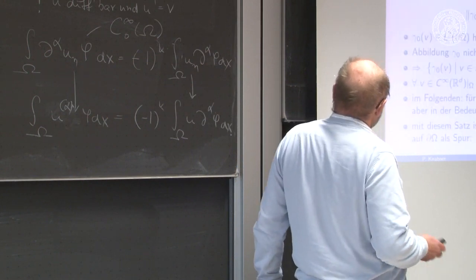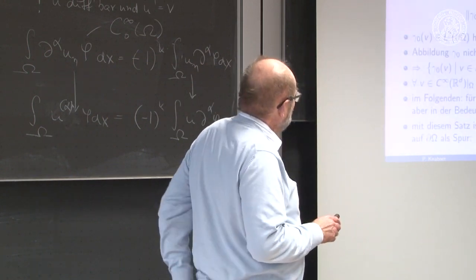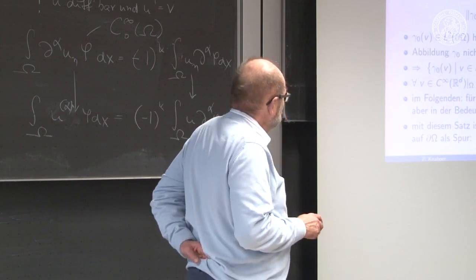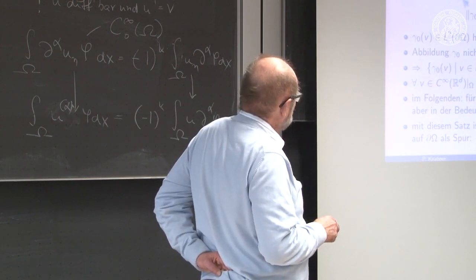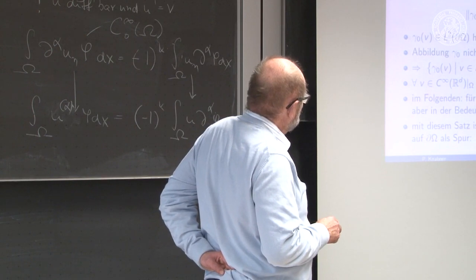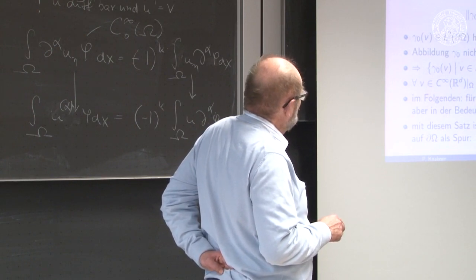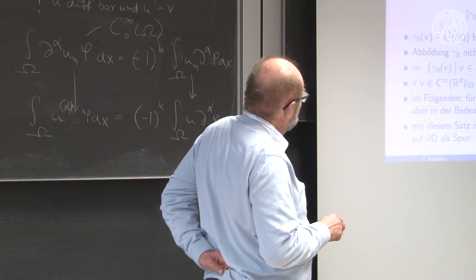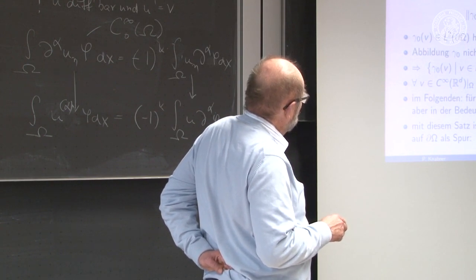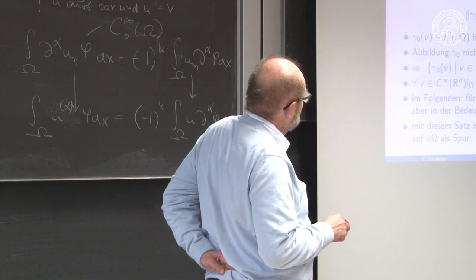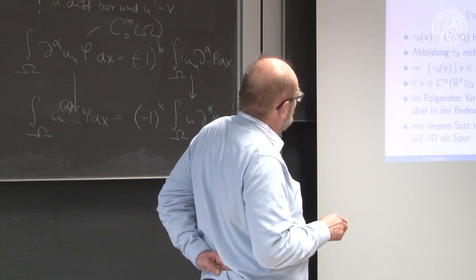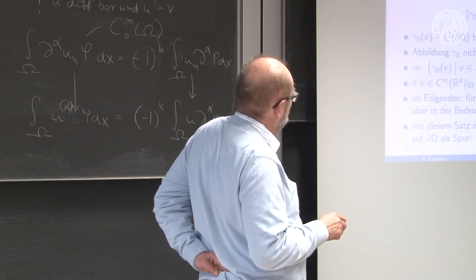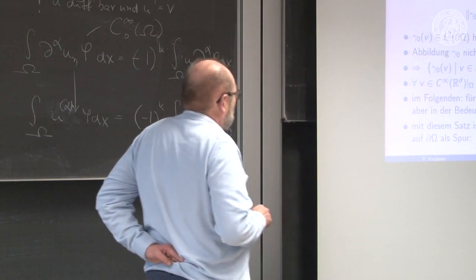So what we have this way is a linear and continuous mapping attributing to each H1 function a trace in L2. The continuity is encoded in this estimate, saying the L2 norm of the trace can be estimated by a constant times the H1 norm of this H1 function. Okay.